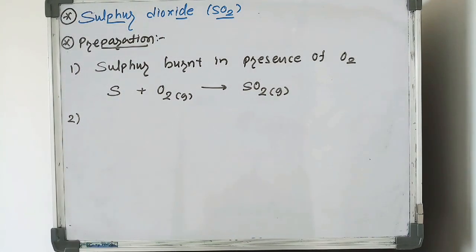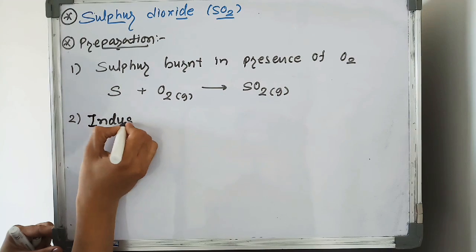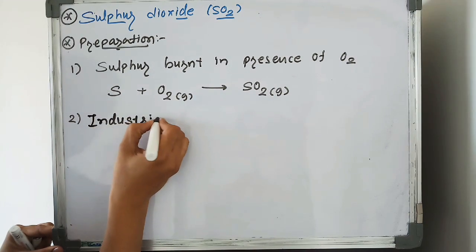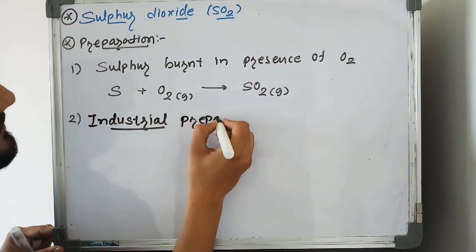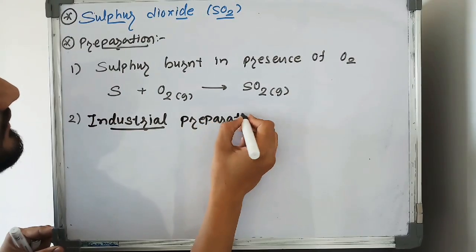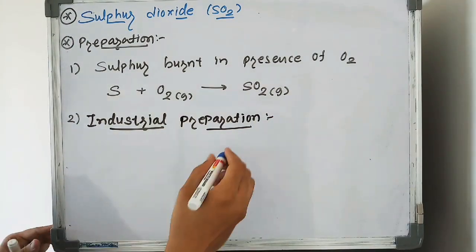Next reaction, the industrial preparation. In industry, how is sulfur dioxide prepared?